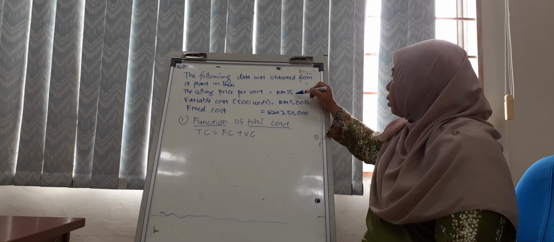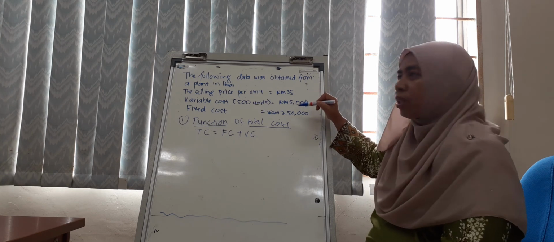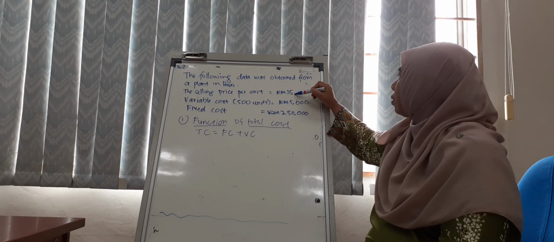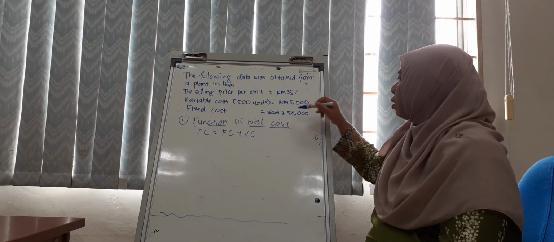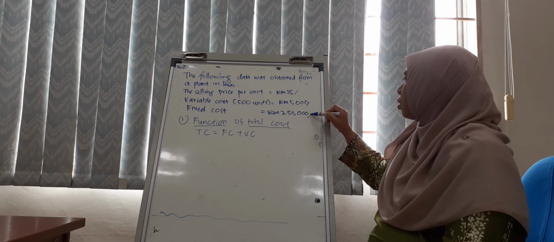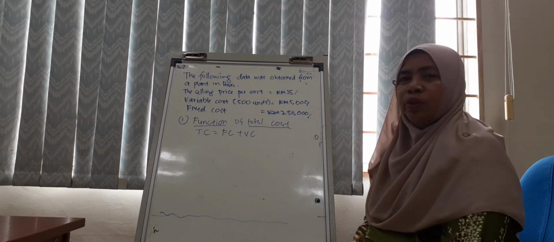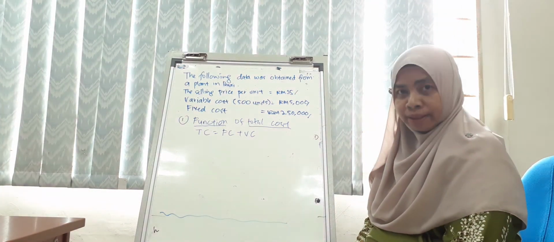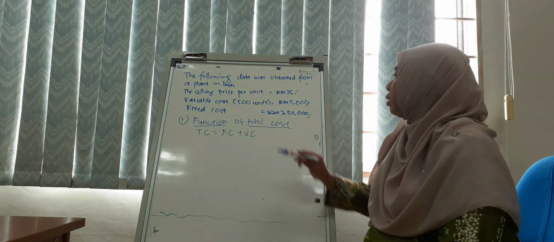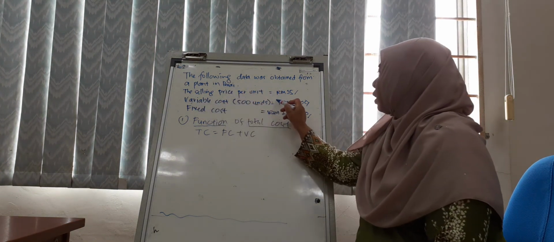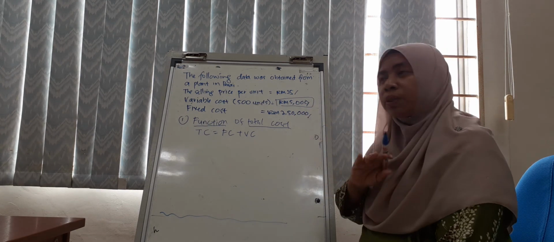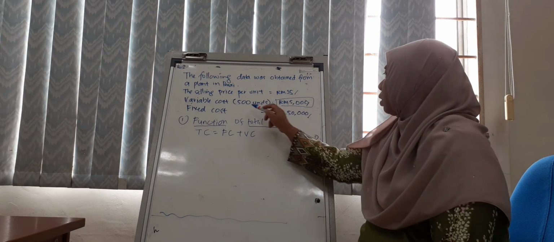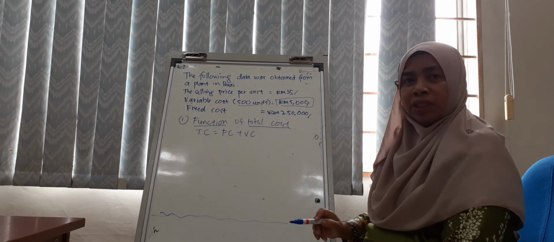Okay, in the information that we get, first we have selling price, second we have variable cost, third we have fixed cost, but we don't have the quantity. Another one, you see, they give you 5,000 in lump sum, that means overall cost, but it is for 500 units, right?